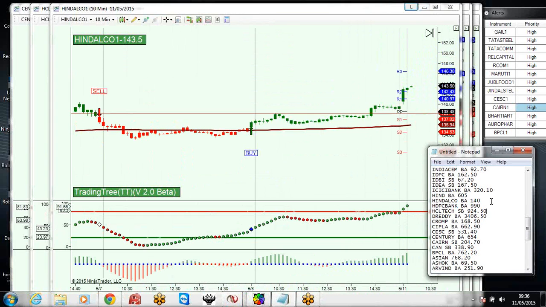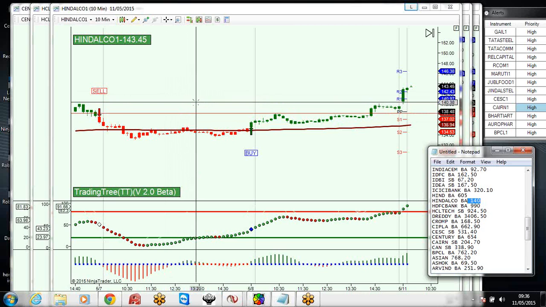Hindalco, we had this buy at 140. Now it is at 143. So it started here, 140.